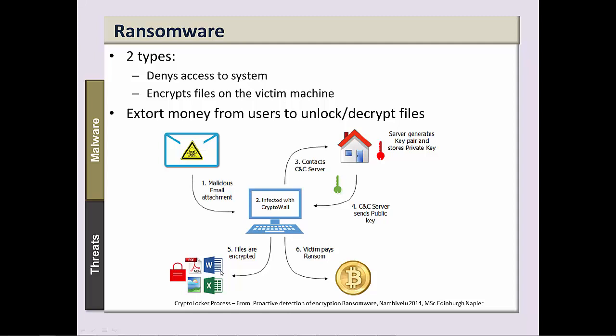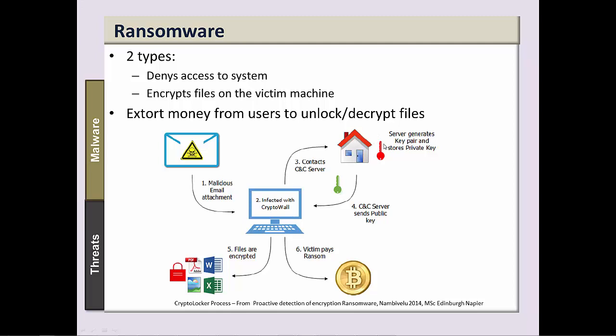Usually an asymmetric encryption algorithm, which basically is unbreakable, because the private key is used to unlock and it's never on the system. So what happens is, in Cryptolocker, once it's infected the system, it contacts a CNC server.